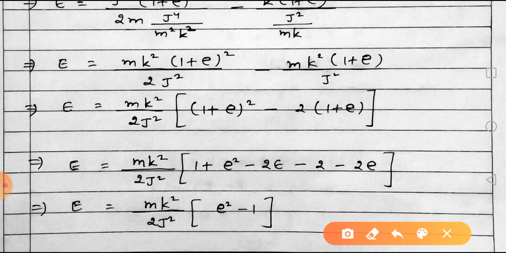Now (a plus b) whole square is a square plus b square plus 2ab, and 2 is multiplied inside the bracket, then we get it. Here 2e and 2e cancel, then e square, and minus 2 plus 1 is minus 1.